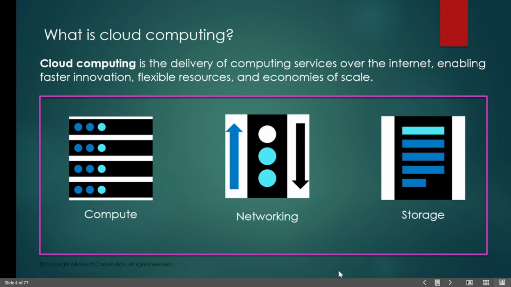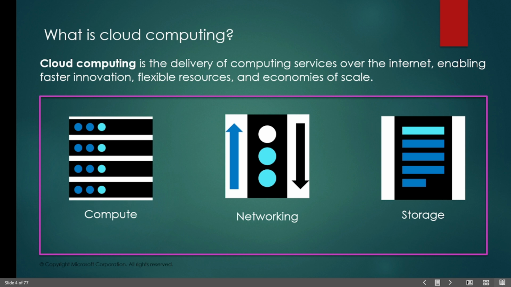You have so many of these resources available to you over the internet without going to the market, purchasing these things from a vendor, and coming back to set them up. And when you discover that one server is not enough for your requests, you go back again to that vendor. It saves you a lot of time because with just the click of a button, you created all of this. So it gives you the opportunity to innovate faster.